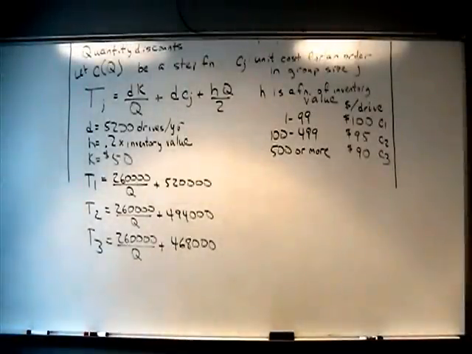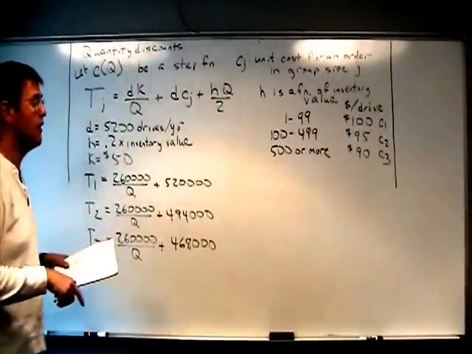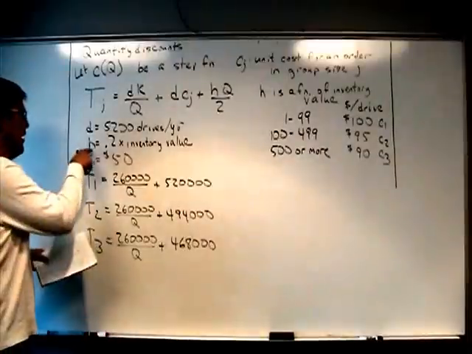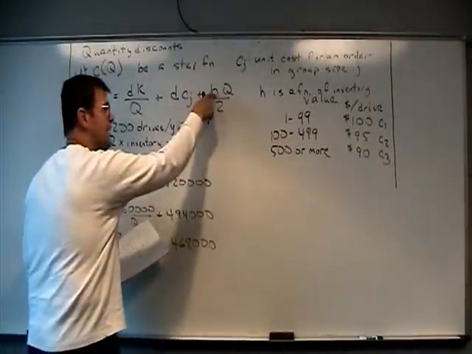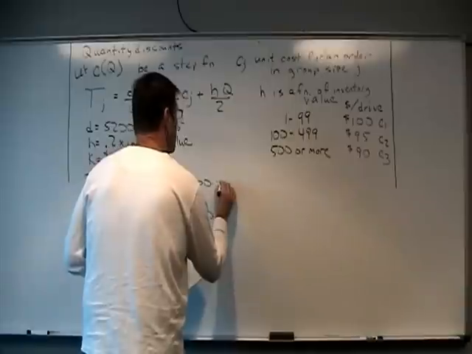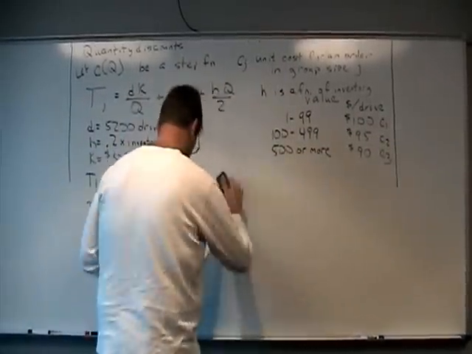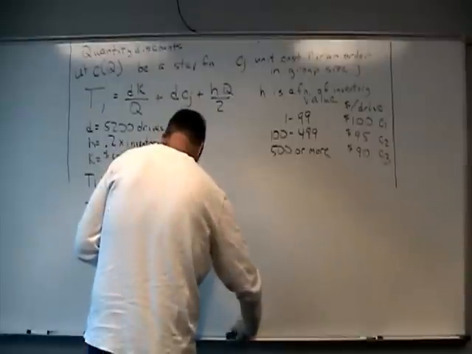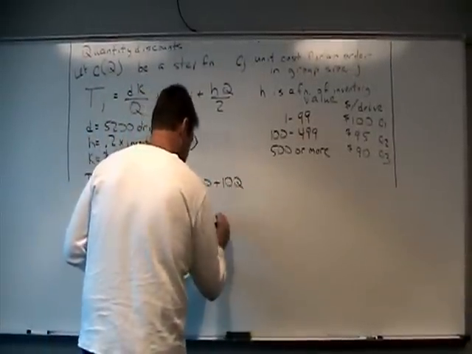Okay. Now, as far as the last piece is concerned, when the price of a drive is $100, H works out to be $20. So if we were to plug 20 in here, we're going to have 20Q over 2. So this is going to be 10Q.